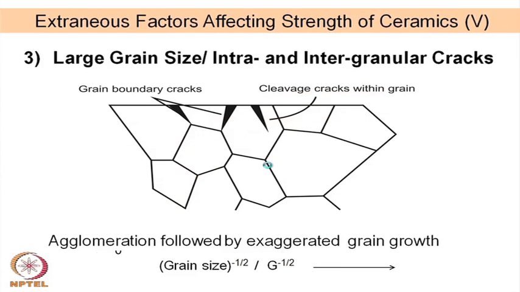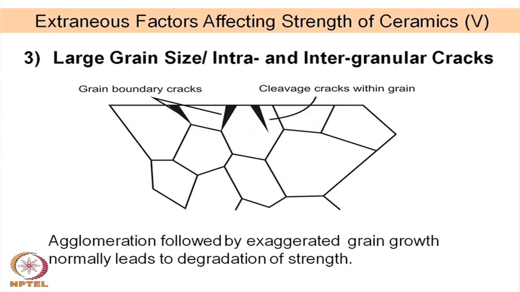Yeah, this is why the larger grain size may have a lower strength. The normal crack is intergranular, these are the grain boundary cracks along the grain boundaries, whereas if you have a very large grain size, you may have an intragrain crack, sometimes called a cleavage crack, within the grains.